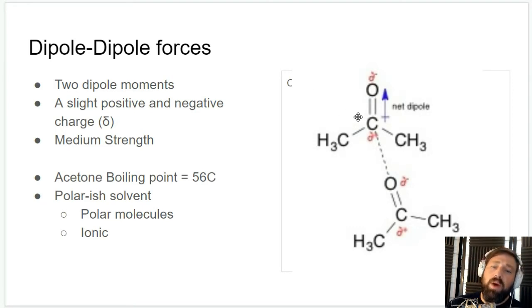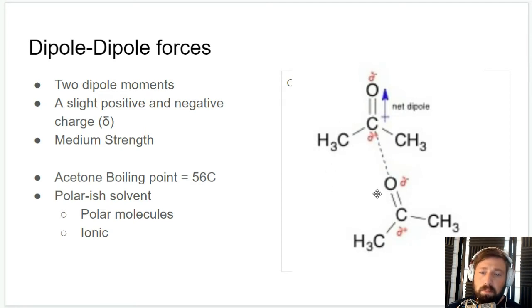Anytime you have a molecule that is polar, where the electrons hang out more on one side than the other, like in this molecule here, this oxygen is much more electronegative, so it's going to be pulling electrons more towards the oxygen. So it's going to have a slight negative charge, which means this carbon here is going to have a slight positive charge.